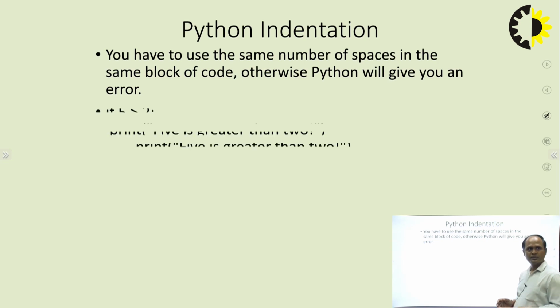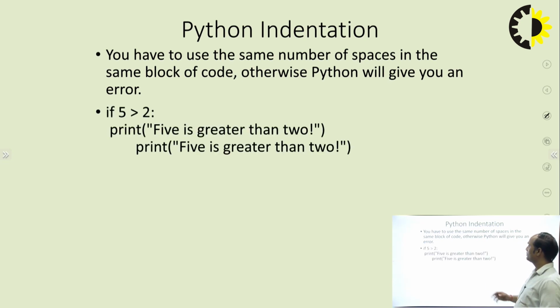Python indentation error, same block. In Python, we must use the same number of spaces in the same block of code. What is meant by the same block of code?